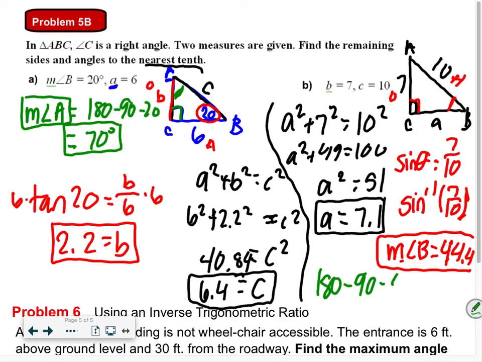My other one is 90, so when I subtract 90 and 44.4 from 180, my measure of angle A is 45.6. So almost a 45-45-90 triangle, which makes sense because leg of 7, leg of 7.1, those are pretty close, so our angles should be about the same.